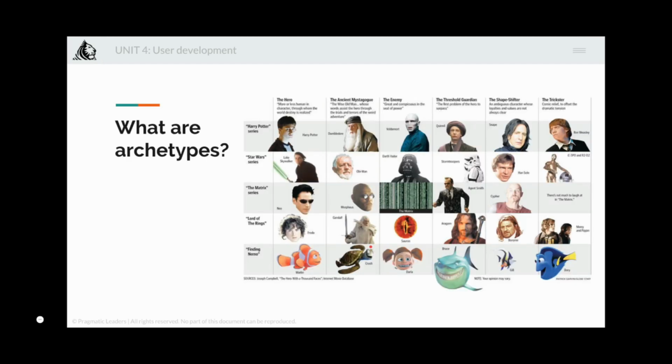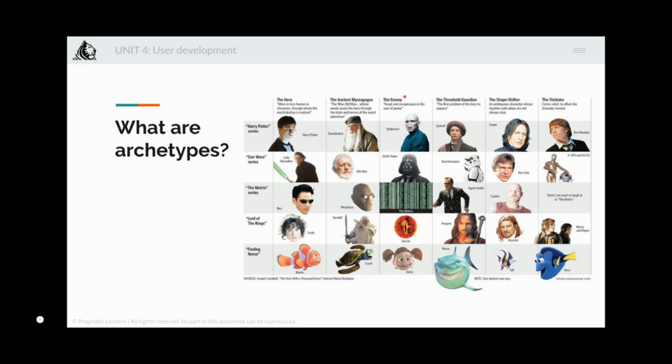So, what are archetypes? Archetypes are broad models or stereotypes, very crudely put, which represent a whole set of people. So, for example, the hero in almost all of these movies, Star Wars, Harry Potter, Matrix, or whatever, that character is more or less human, through whom the world's destiny is realized, right?